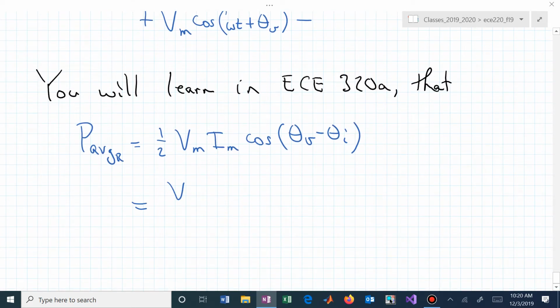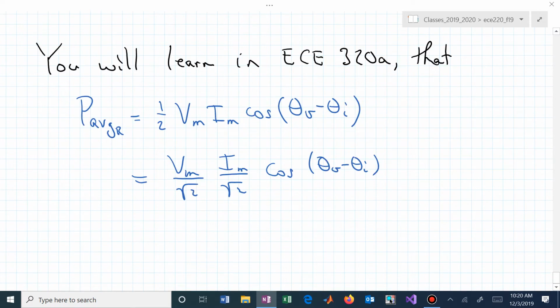I'm going to factor 2 into square root of 2 times the square root of 2, so that this is now V RMS I RMS cosine of theta sub V minus theta sub I. And we don't have to worry about keeping track of that 1/2 coefficient.